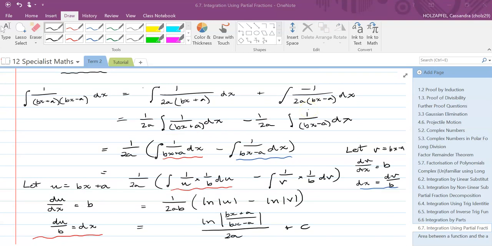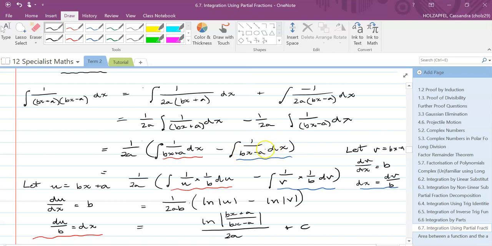Okay, so I think this was a pretty straightforward integration process, and then I had sort of an explosion all over the screen. So I'll just walk you through what I've done. And again, I've just popped some colors in to help you to see what I've done. Sorry, guys. Okay, so like I said, first thing I did, I factorized out that 1 over 2a, and then I was left with the integral of 1 over (bx + a) dx minus 1 over (bx − a) dx.